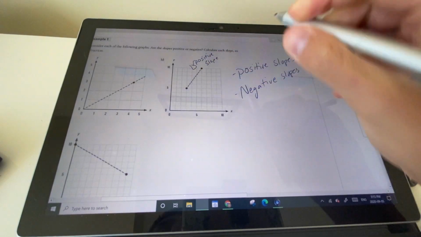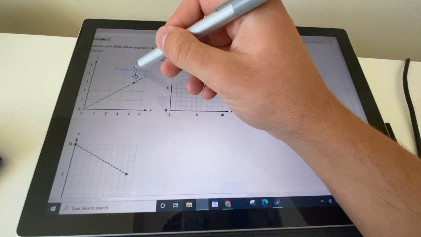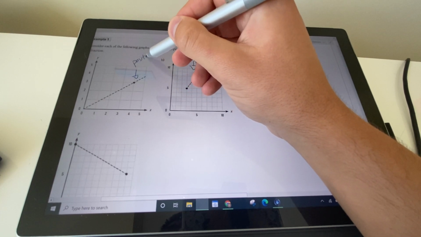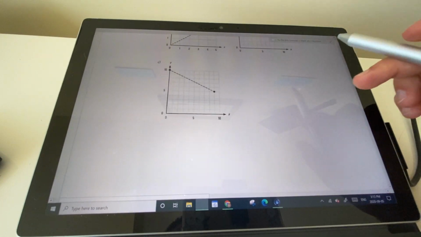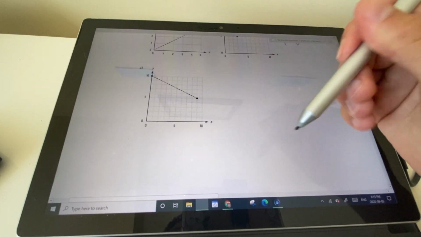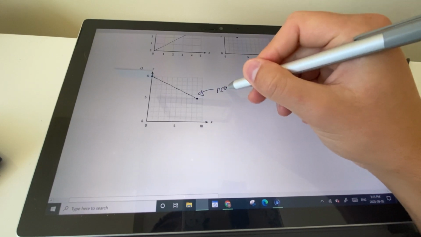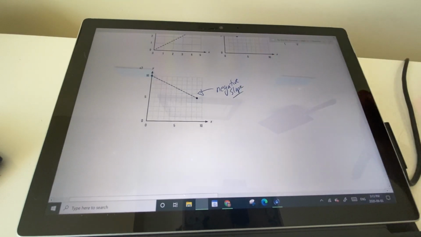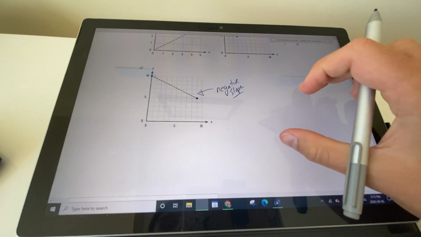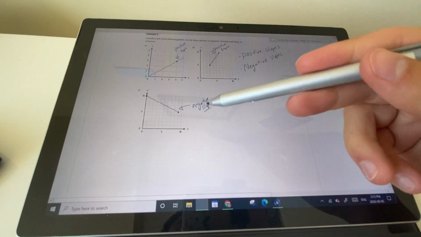As it moves to the right, you're going upwards. This also has a positive slope. This bottom one would have a negative slope. We are going down as it goes to the right. So this one has a negative slope, which is nice to understand and know. That means if we actually calculated these, we would have a negative number.